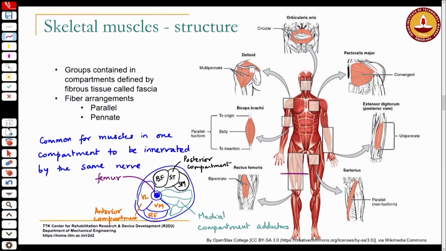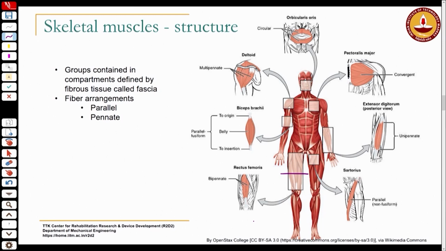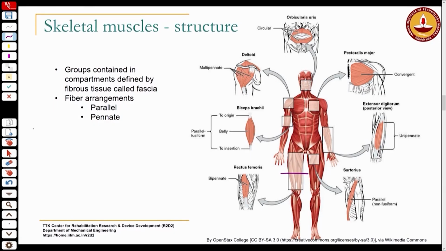Now if you look at the overall fiber arrangements in these muscles, there are two types that you will see. You have two kinds of fiber arrangements. One is called the parallel arrangement, where the fibers are parallel to the long axis of the muscle.